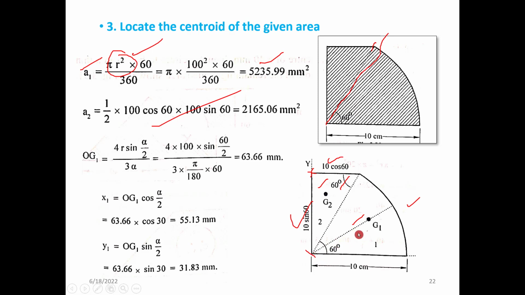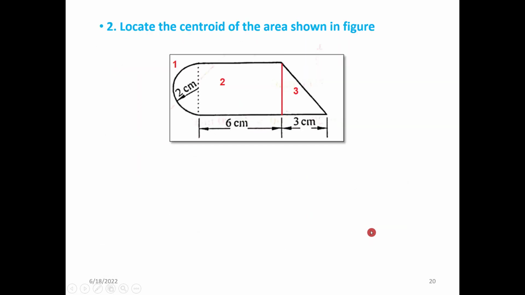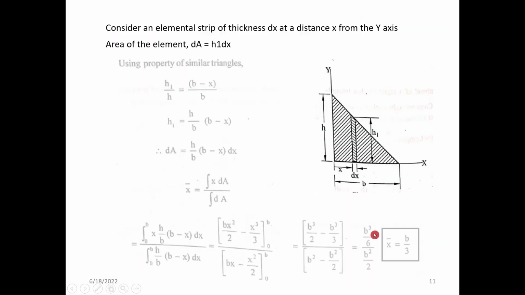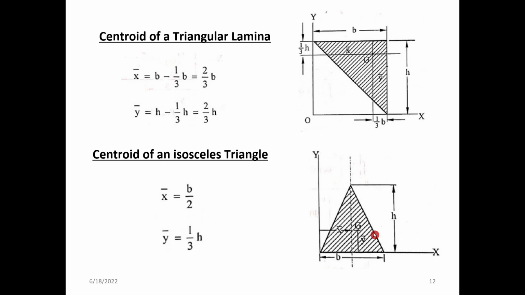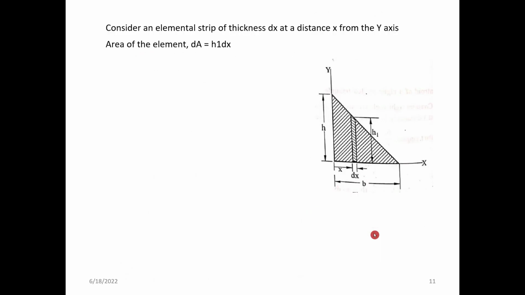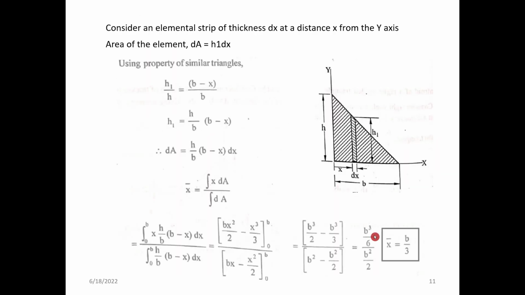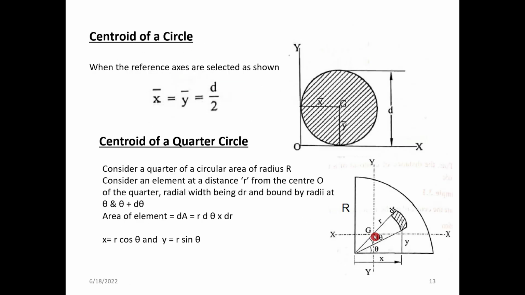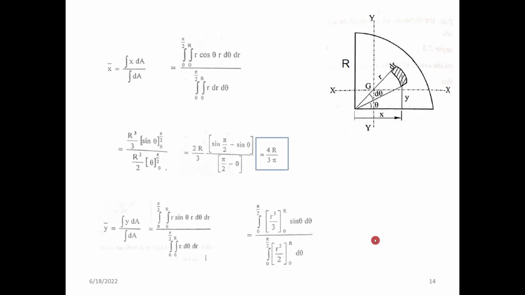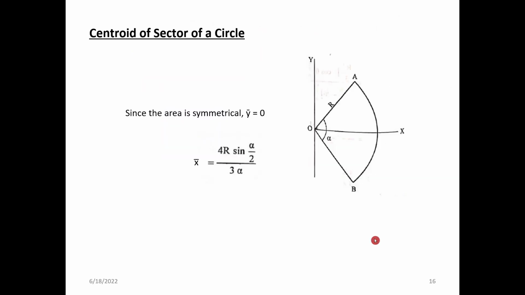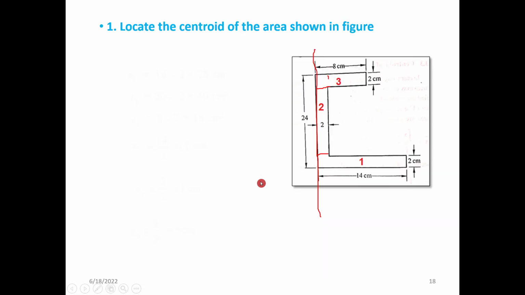I have given this value previously: the centroid of a sector of a circle is x bar equal to 4r into sine alpha by 2 by 3 alpha.